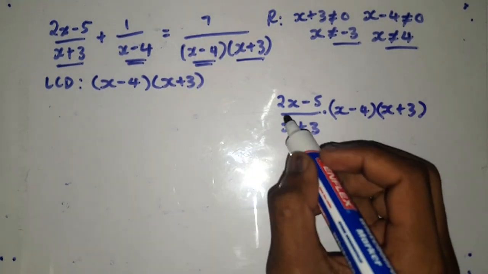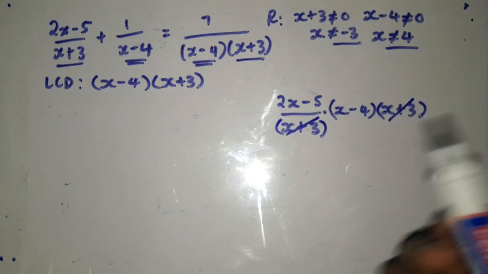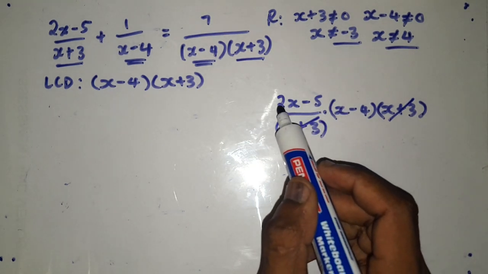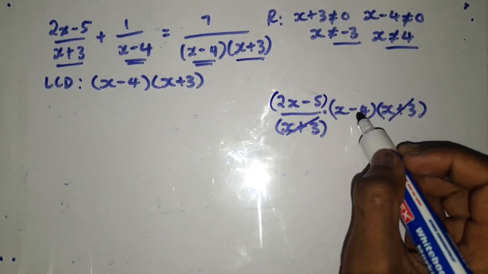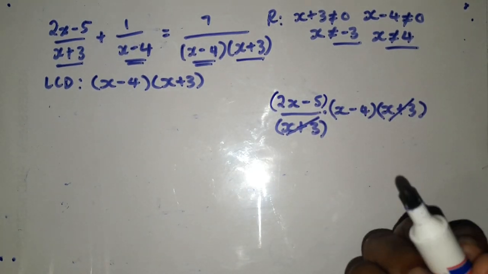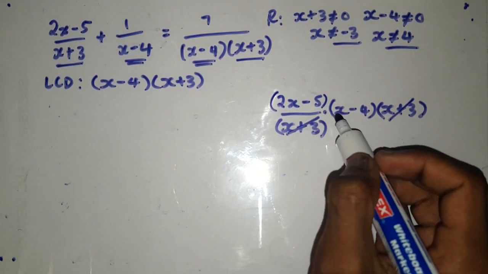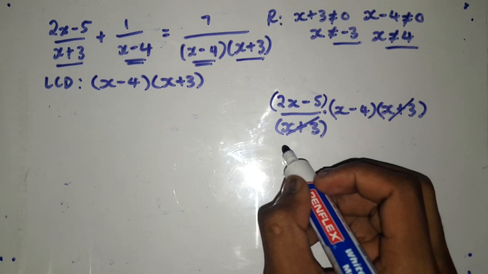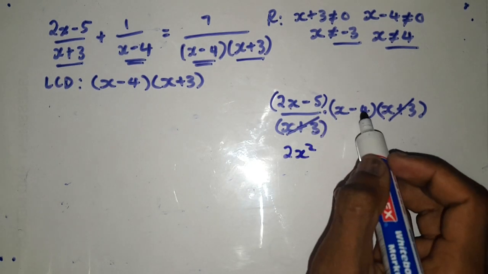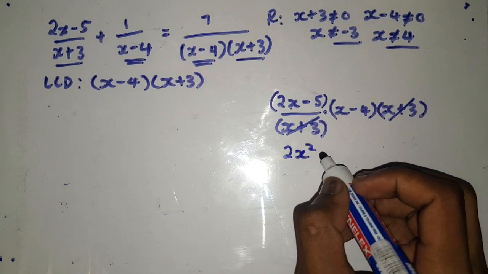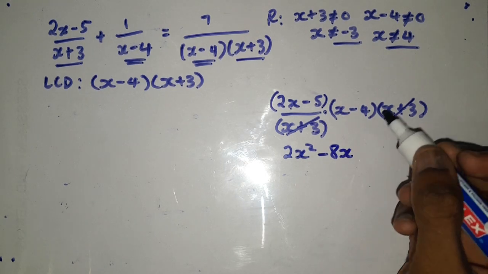You see what is going to happen now? This will cancel this. Then I'm going to remain with 2x minus 5 together with x minus 4. If I further simplify this, 2x multiplied by x, I get 2x squared. 2x multiplied by negative 4, I get negative 8x.